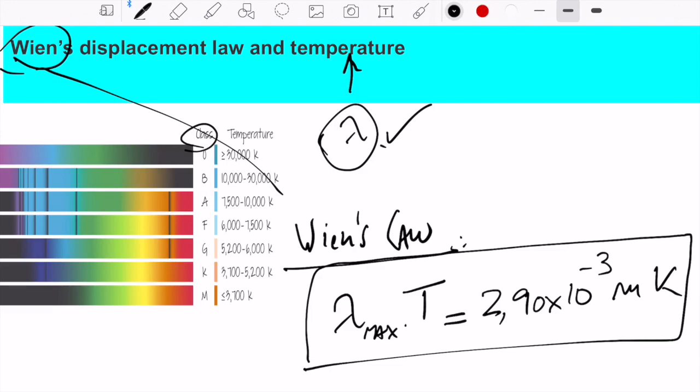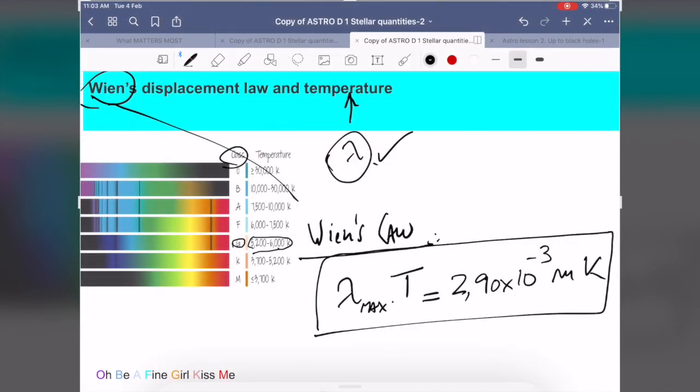B, 10,000 to 30,000. Like the sun is a G star, around 6,000 Kelvin. This is the temperature of the outer atmosphere, because it's the temperature of the gases that are absorbing and emitting radiation from the star, right? Oh, be a fine girl, kiss me. It's a way of remembering.